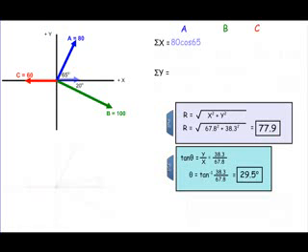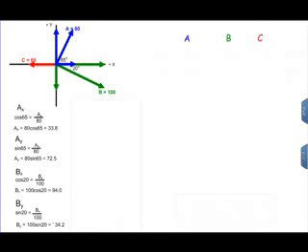Here's the 80 cosine 65, and the x component of vector B is the 100 cosine 20. So that's where those values came from if you were puzzled by that. So you do that for the x components of vectors A and B, and then you can go ahead and make your tables, columns A, B, and C, and the sum of the x's is equal to your calculated value of 33.8 plus 94, and don't forget vector C, that's negative 60, and you get 67.8.